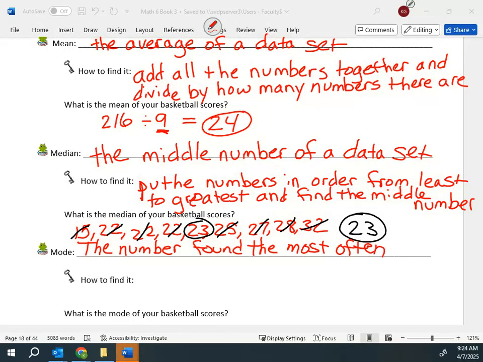Mode means most. The number found most often in the data, right? In the numbers you're given. How to find it? Find how many times a number is listed in the data. The mode is the one listed the most.